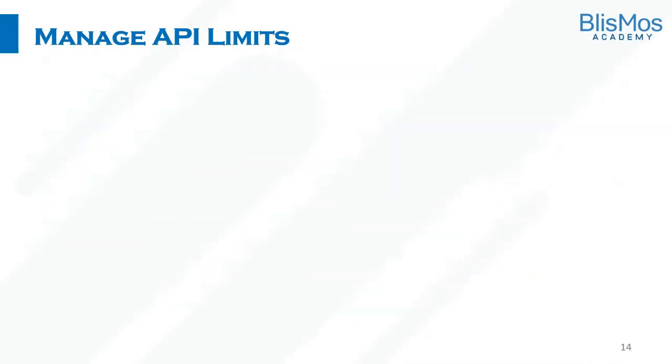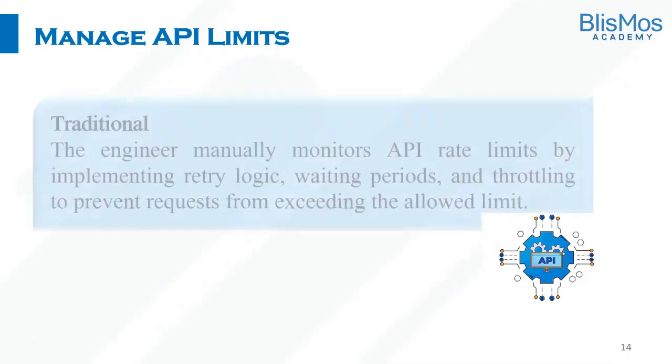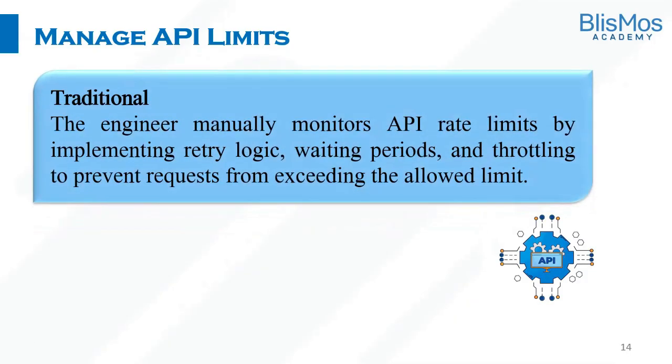What happens is we are trying to ingest data from multiple sources. When you are ingesting data from multiple sources, you have to make API calls. But all the sources may not have unlimited API calls. Most APIs have limits. That means we cannot make unlimited API calls to any of the systems.